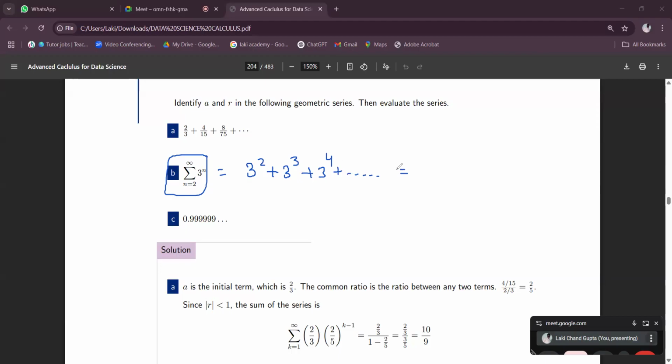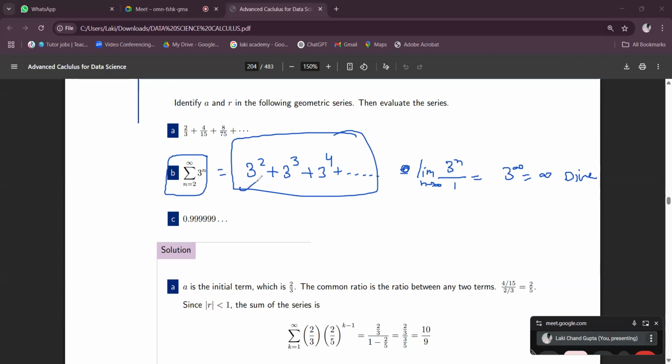This is actually a divergent series. Why? Because the numerator dominates, right? If you put infinity, you will get what? Infinity. This is a divergent series. So, you cannot find the sum of this series. Okay.